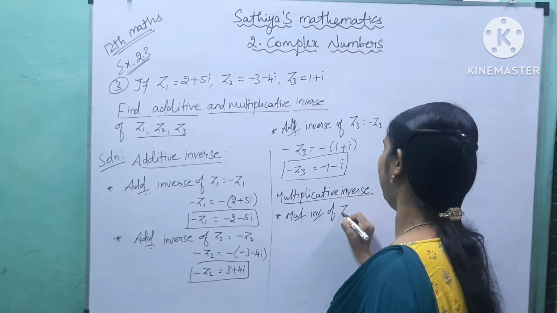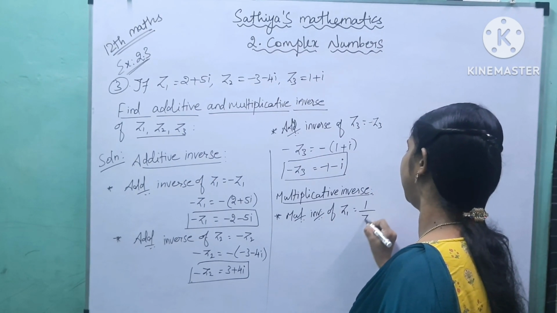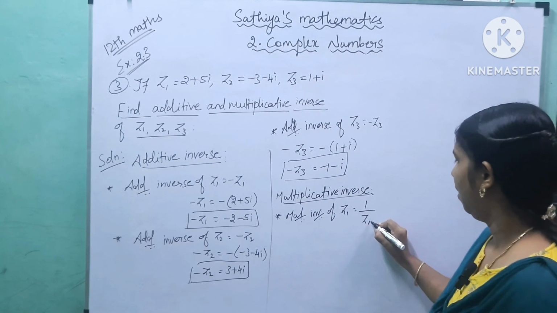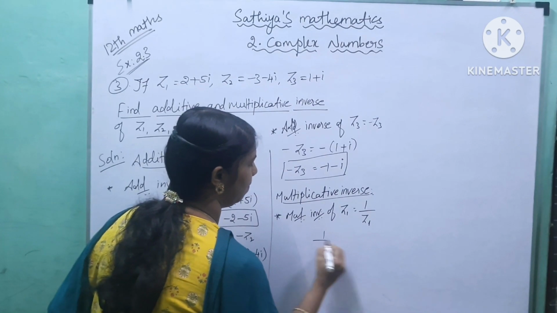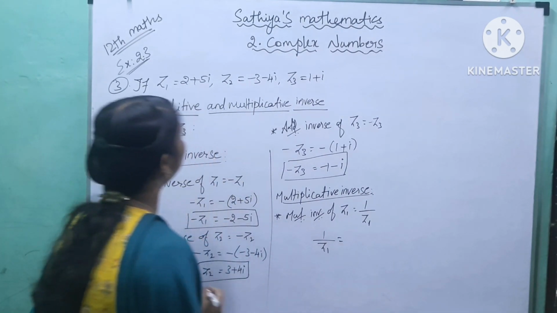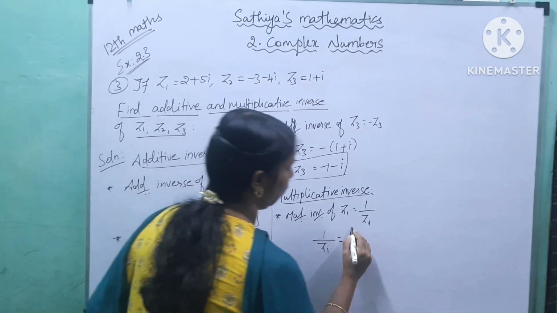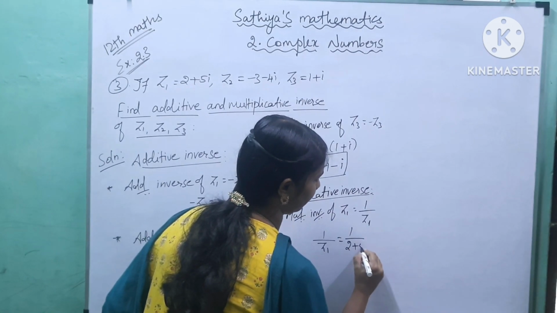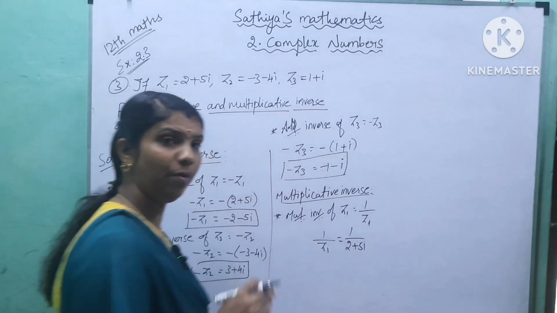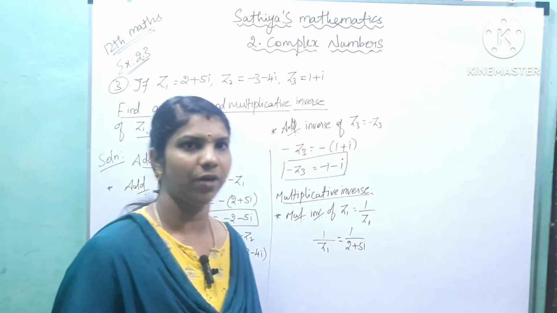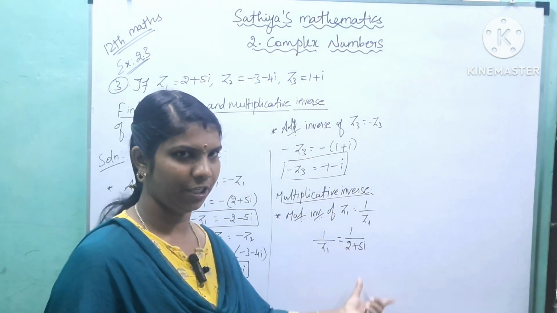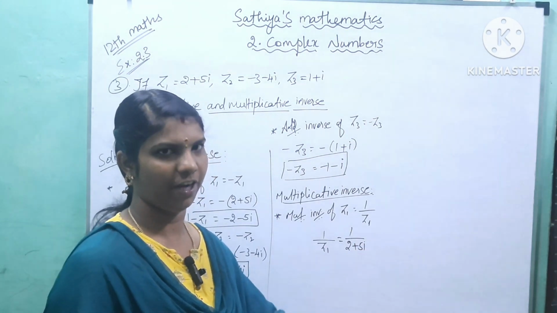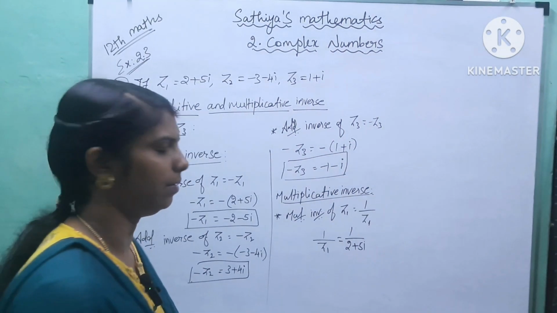Multiplicative inverse of z1 is given by 1 by z1. 1 by z1 is equal to 1 by 2 plus 5i. But in the denominator there should never be a complex number, that is not a standard form. So when any complex number is in the denominator, we should multiply and divide by the conjugate of the complex number.